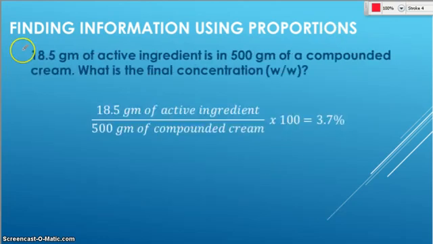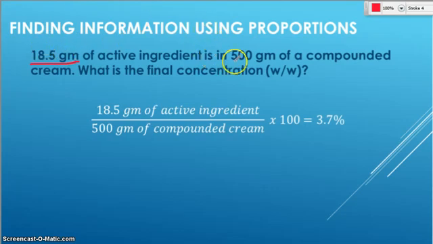Our next problem says 18.5 grams of active ingredient, in other words, the drug, is in 500 grams of a compounded cream. What's the final concentration? Remember, concentration is active ingredient over total ingredients times 100. So in this case, the active ingredient is 18.5 grams, and it says it's in the 500 grams.